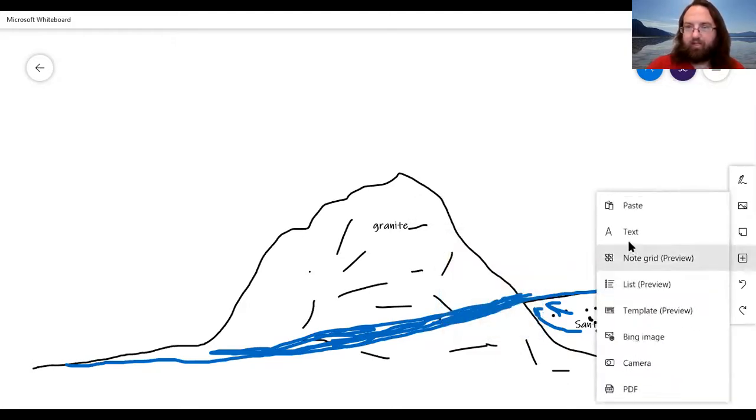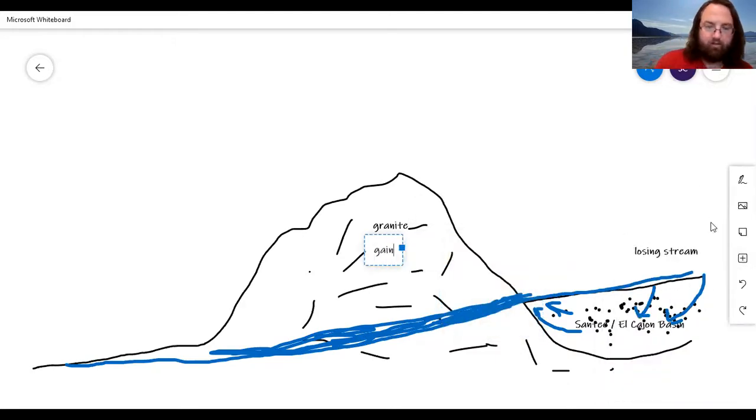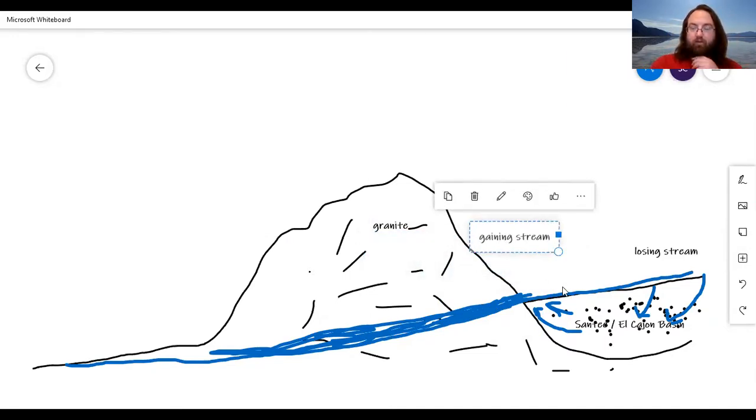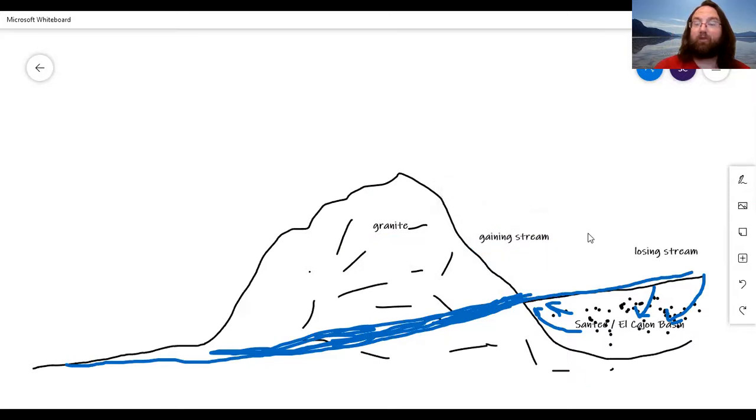We're going to call this a gaining stream. Same here, the water is transferred from the aquifer back to the surface. And so if you're walking along a riverbed, you see the river either disappear or suddenly emerge from nowhere.